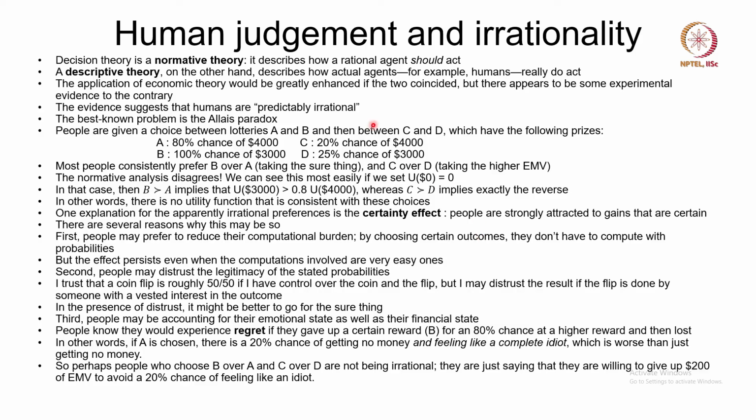If we look at these choices of lotteries A, B, C and D: A has an 80% chance of getting $4,000, B has a 100% chance of getting $3,000, C is a 20% chance of getting $4,000 and D a 25% chance of getting $3,000. People generally prefer B over A and C over D. So we can see that people sometimes have seemingly irrational preferences.